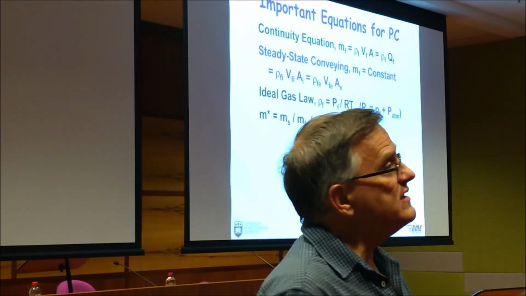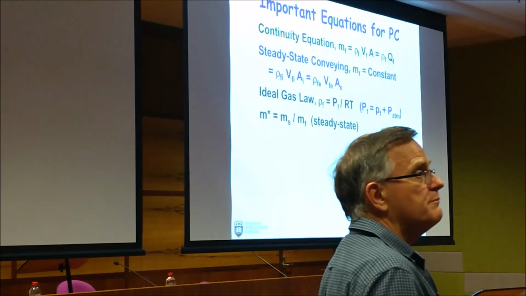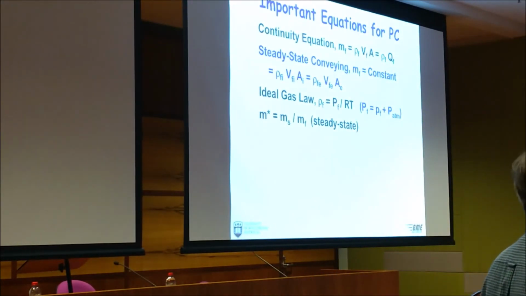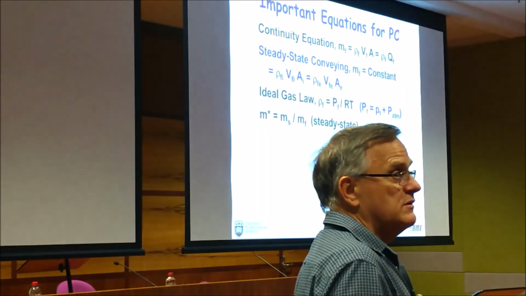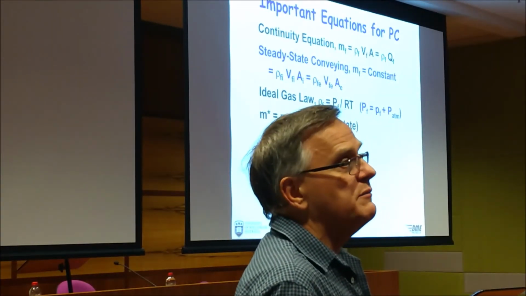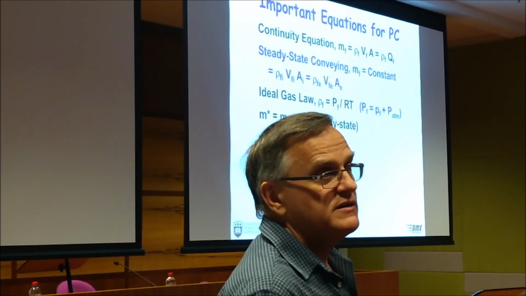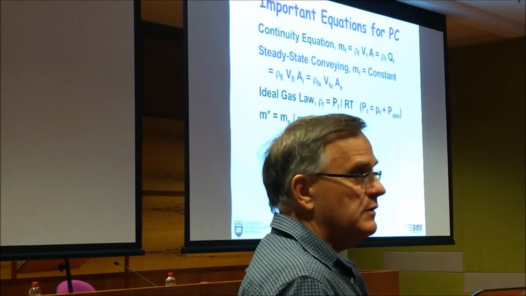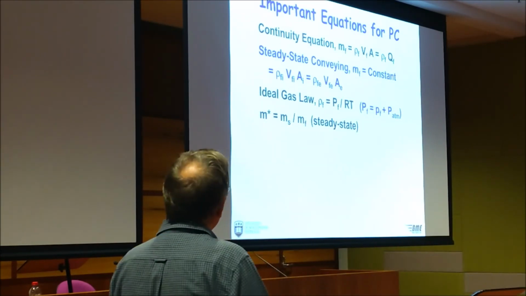For dilute phase, that number is typically 5 or 10 kilograms of product per kilogram of air. For a fluidized dense phase system, it can be 100, 200, 300 kilograms of product per kilogram of air. It shows you how much more efficient fluidized dense phase is. I'm just throwing some numbers out there to give you an idea what these numbers look like.